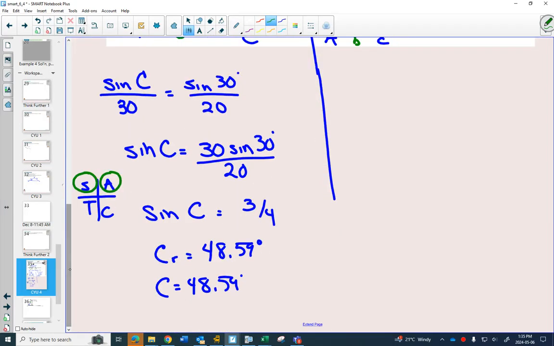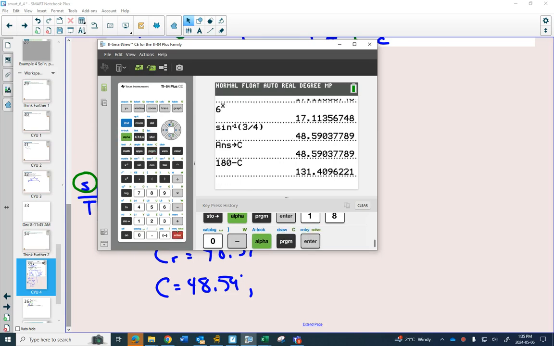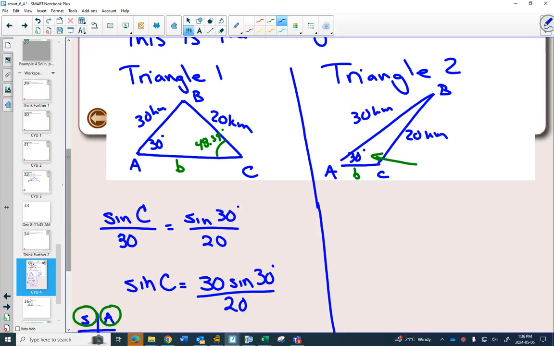So if my reference angle is 48.59, my angle C could be this, or I could take 180 minus that reference angle and get 131.41. And that will be the angle that's obtuse.